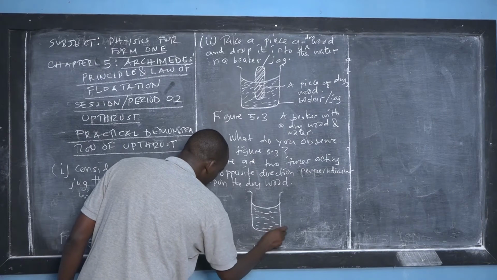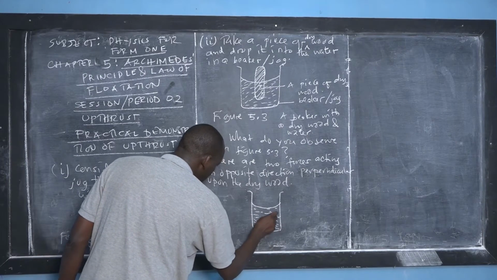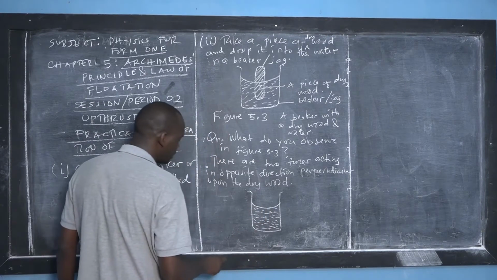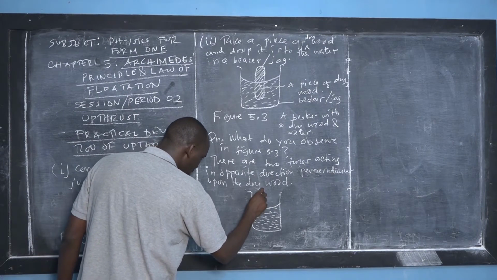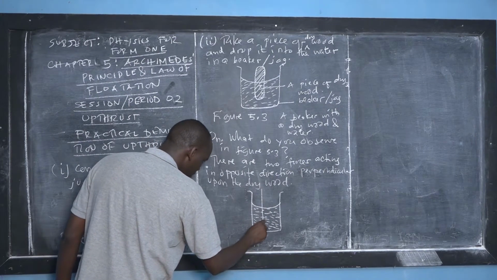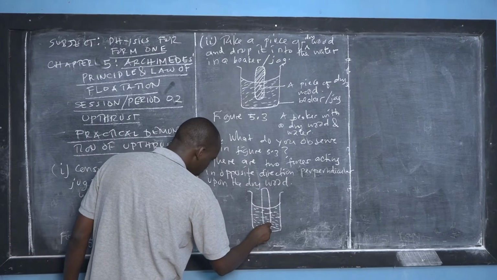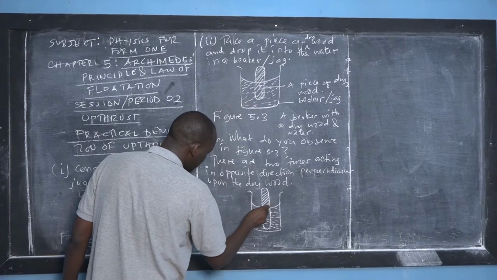So you will realize that according to the concepts of the Upthrust and even principles that will be stating that this liquid, or let me just introduce a dry wood first. So this is the piece of dry wood that is partially immersed in the liquid. So I can label it like this.